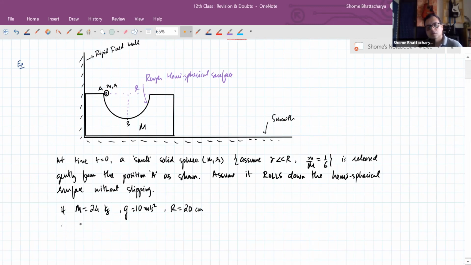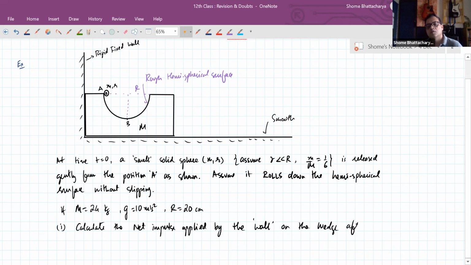First of all, calculate the net impulse applied by that rigid wall on the wedge after releasing the sphere.